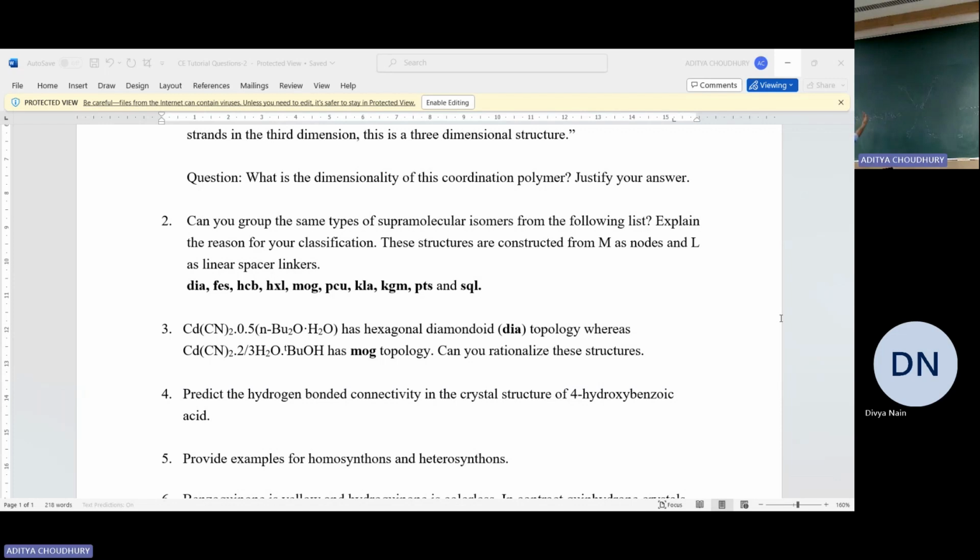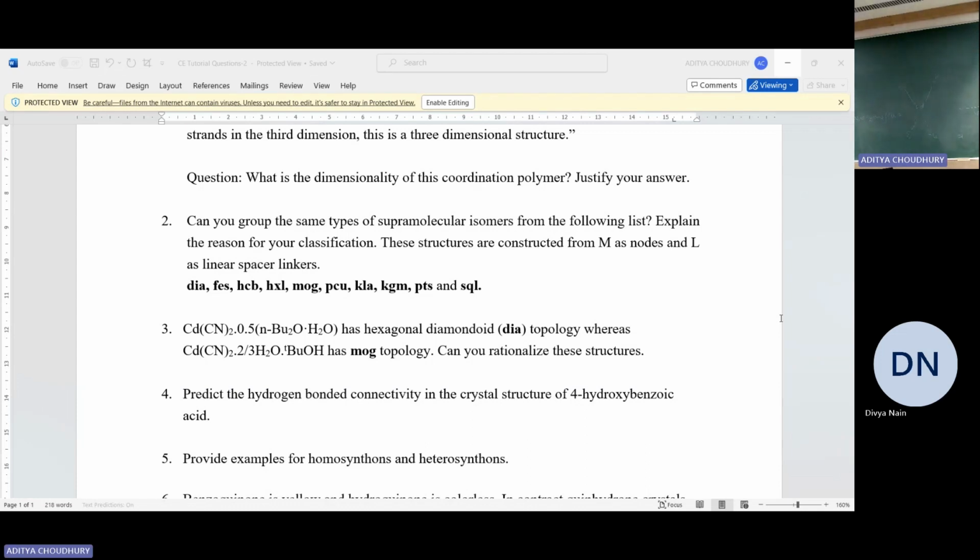So this is the actual formula. And actually, one cadmium should have octahedral geometry and the other one should have tetrahedral geometry. So that's the way the structure looks.